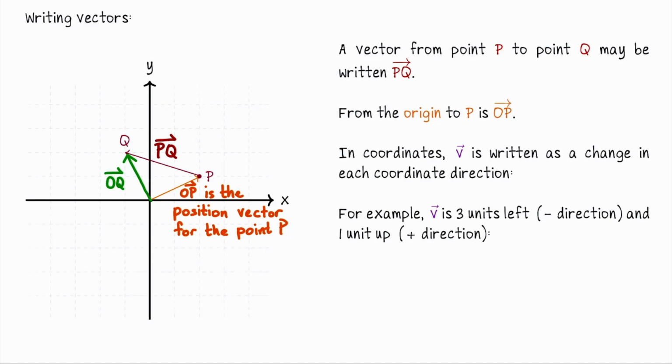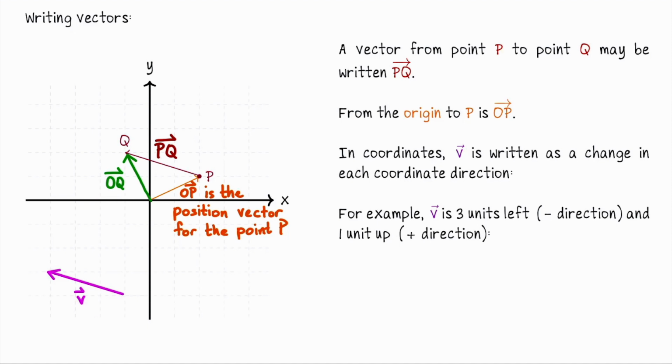Let me consider a new vector v here. It's actually going to have the same direction and magnitude as PQ. So let v be this vector which points up 1 unit and 3 units to the left. That's actually the same as PQ.